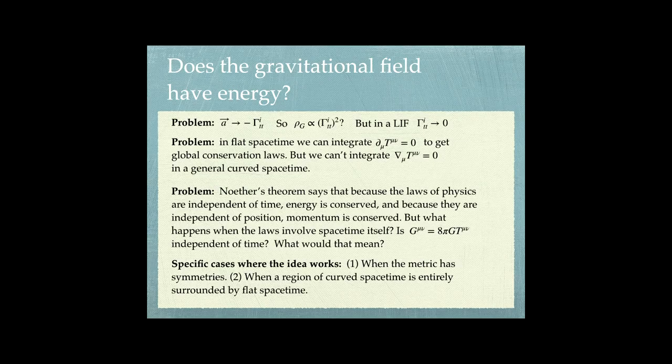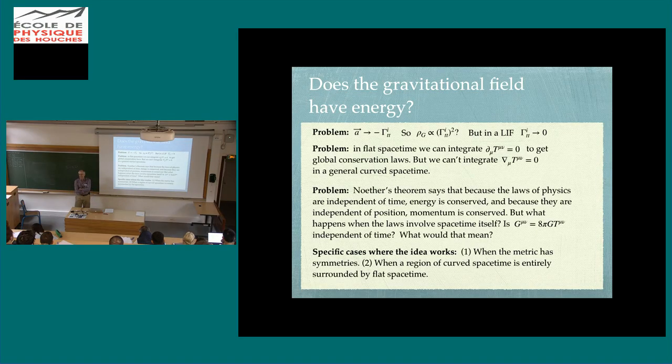Okay, so does the gravitational field then have energy? So before I was saying that the acceleration corresponded to this Christoffel symbol for a particle at rest. And so if I were doing a sort of electromagnetic thing, this would be like the electric field vector.